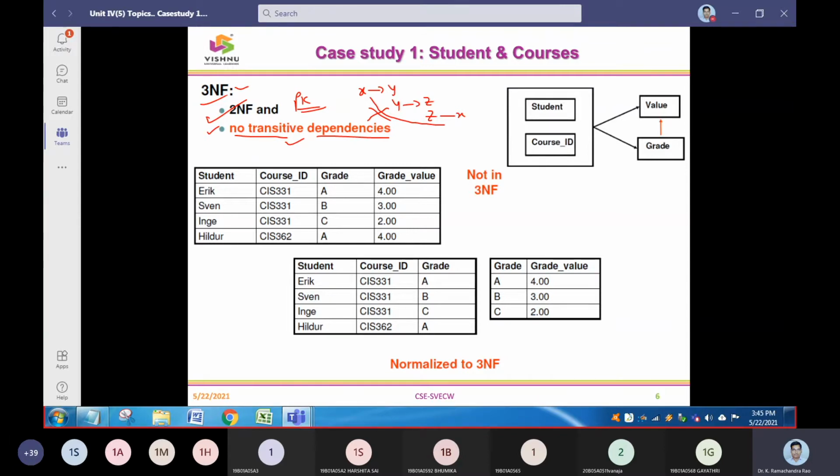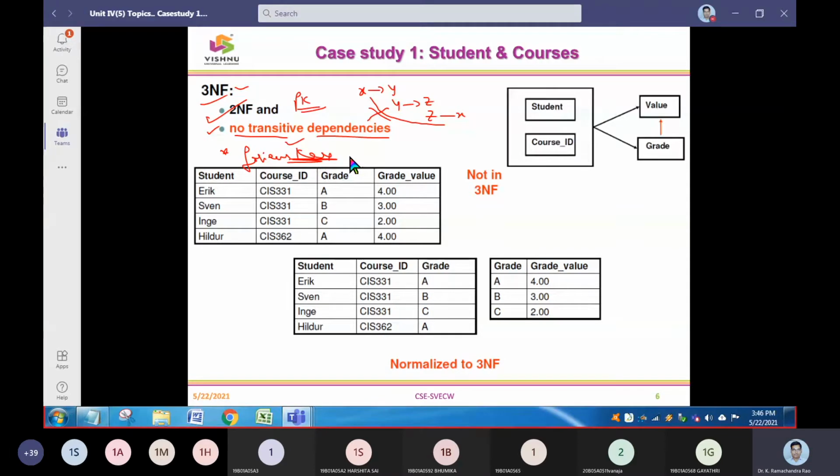Even in industry applications, 90% of the projects will end up at the third normal form, nothing more than that. In third normal form, we can encourage foreign keys.